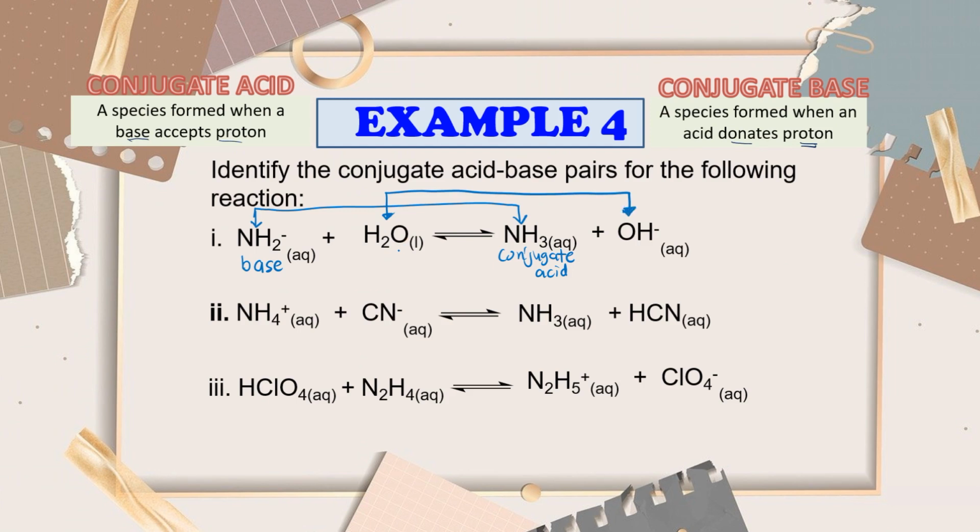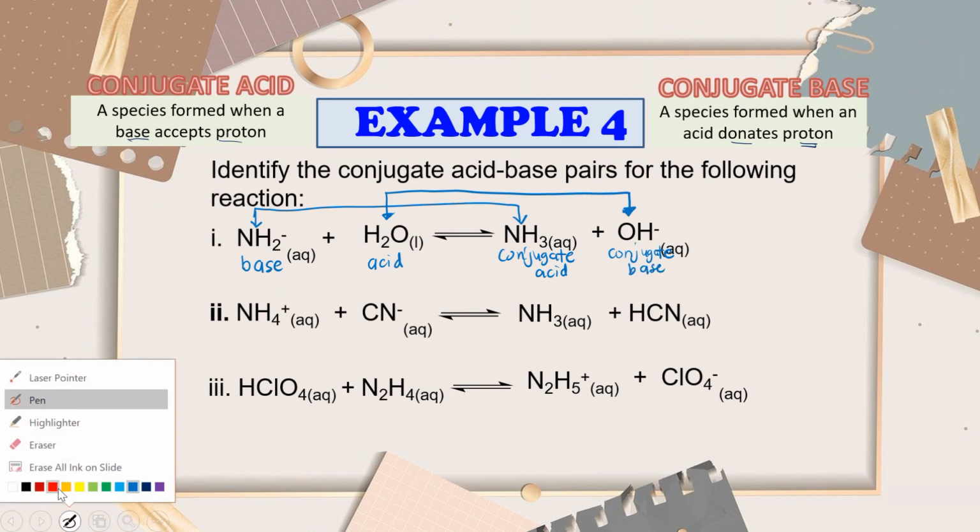We can see that H2O has donated a proton and become OH minus. Because it donates a proton, H2O is an acid, whereas the product formed, OH minus, is the conjugate base.